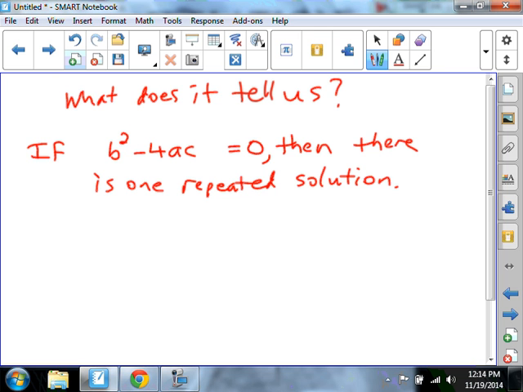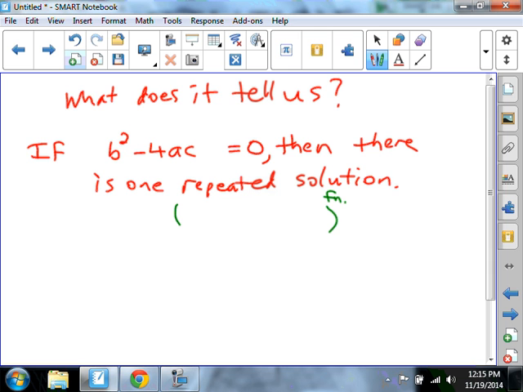Now, sometimes we're talking about functions, and if we're talking about functions, we're not talking about solutions of functions. We're talking about what of functions? Anybody remember the synonyms we called those things? There were a whole bunch of different words. If we're dealing with a function, we don't call them solutions.